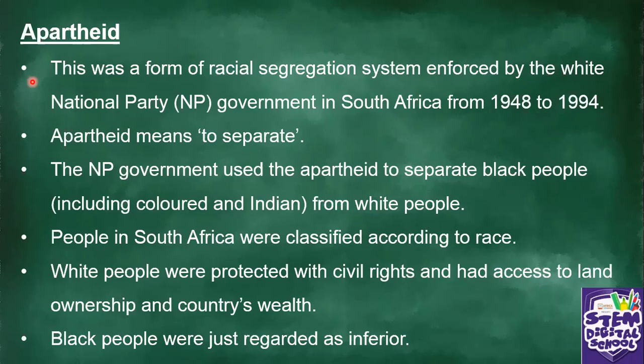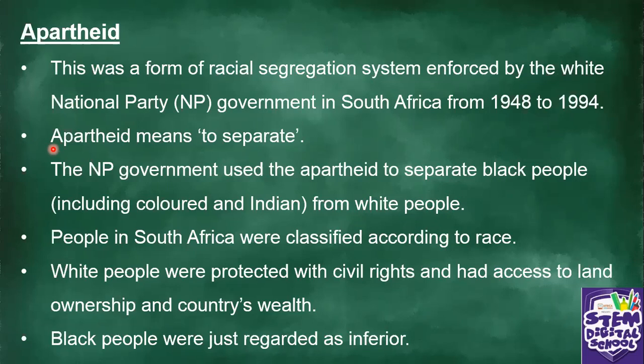This was a form of racial segregation system enforced by the White National Party, NP, government in South Africa from 1948 to 1994. This National Party that was ruling South Africa came up with this system of racial segregation called apartheid. Apartheid means to separate.